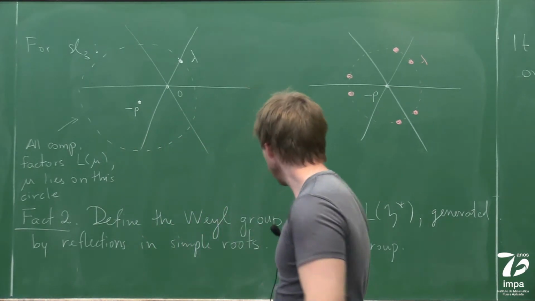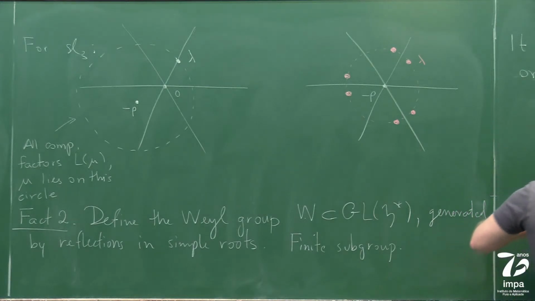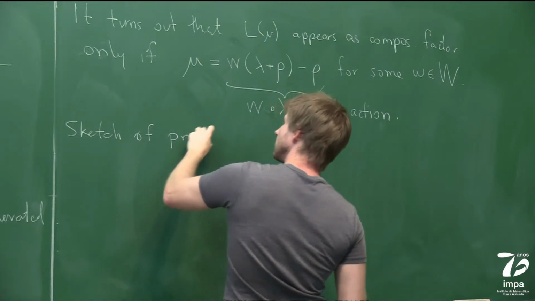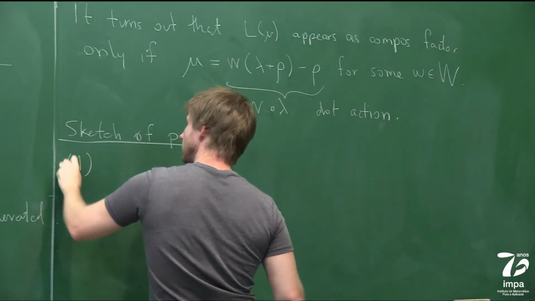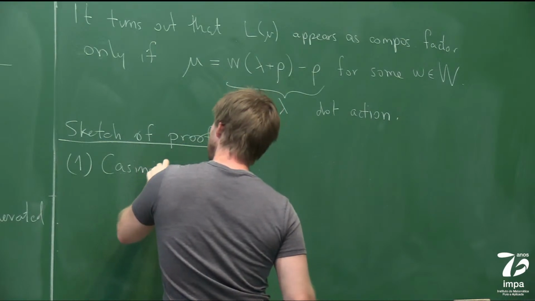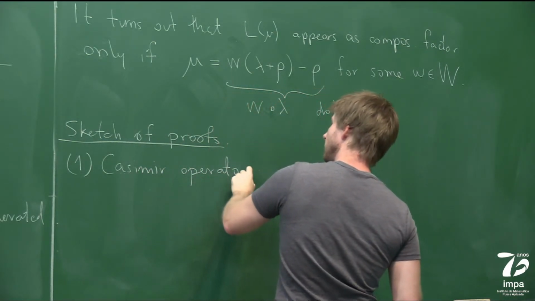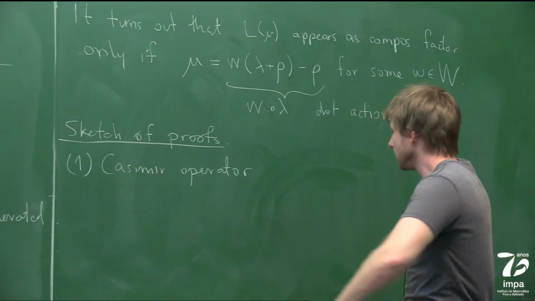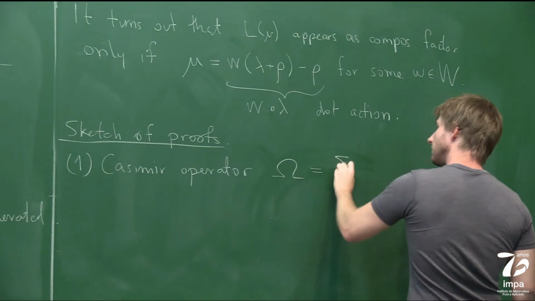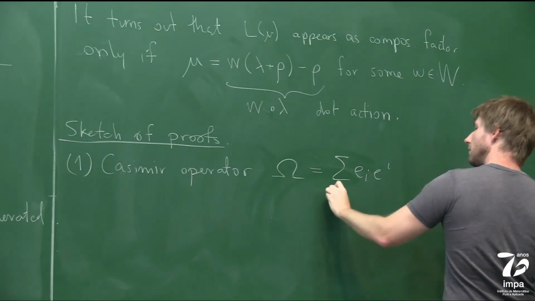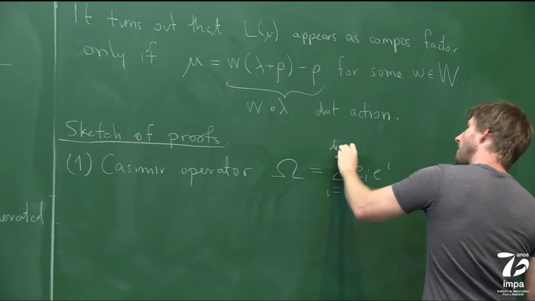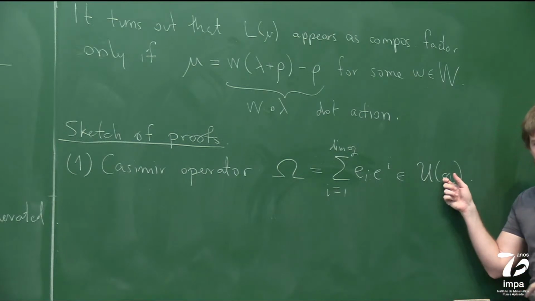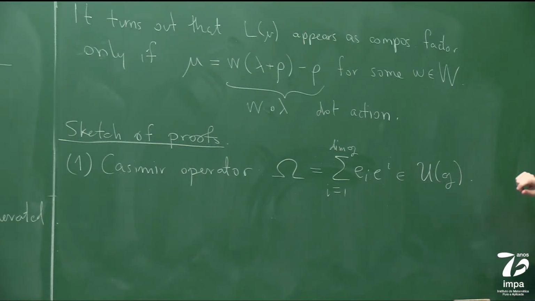Okay, so roughly speaking, how are these facts proved? So starting from g, we form this associative algebra called the universal enveloping algebra.